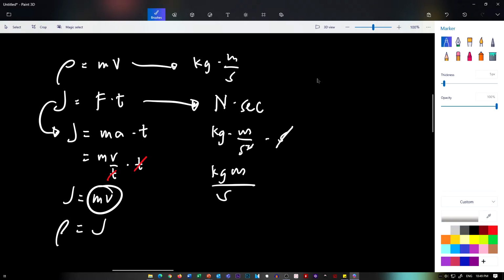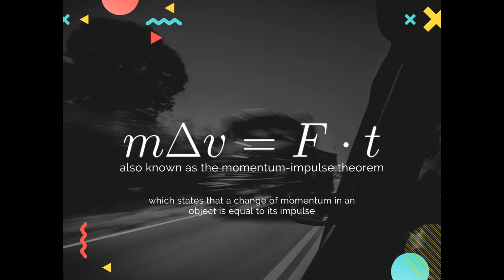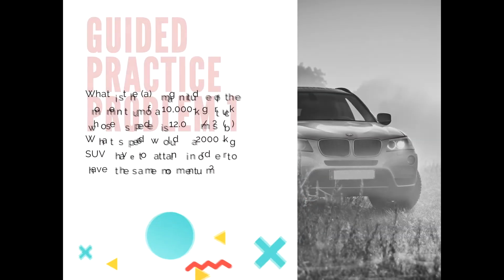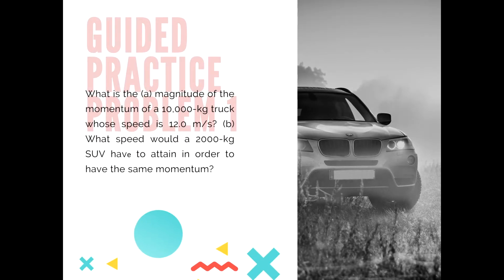So let's jump into guided practice problems and solve some. For our first problem, we have a truck which has a mass of 10,000 kilograms and a speed of 12 meters per second.